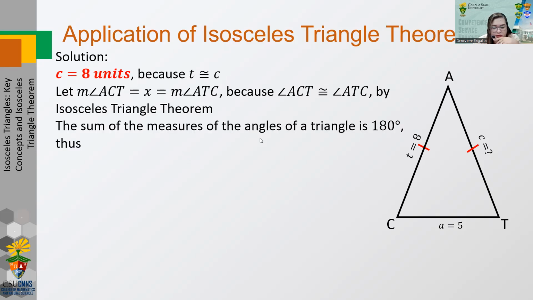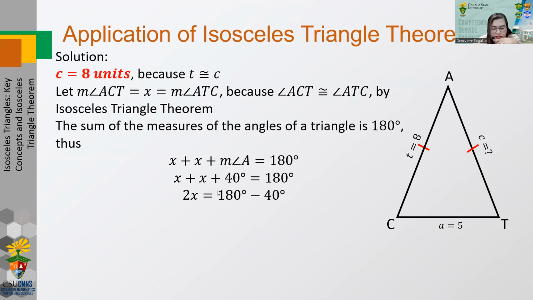Okay, so the sum of the measures of the angles of the triangle is 180. Thus, x plus x plus measure of A is equal to 180. So you have si measure of A is 40 man. So you have x plus x plus 40 is equal to 180. So you have 2x is equal to 180 minus 40. So 2x is equal to 140.